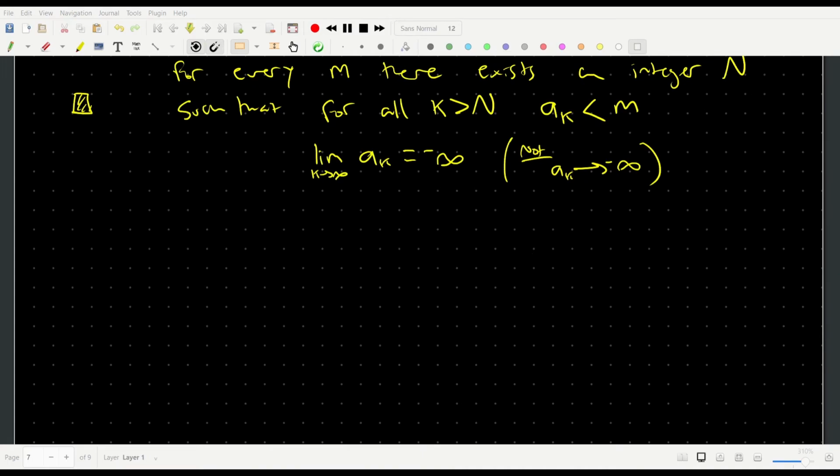So for the final part of this lecture, I want to cover some of the basic rules that we have for convergent sequences. These are rules that are very similar to the rules for functions from Calculus 1 and are very useful in calculating limits. All of these rules can be proven using the epsilon N definition from before for convergent sequences.